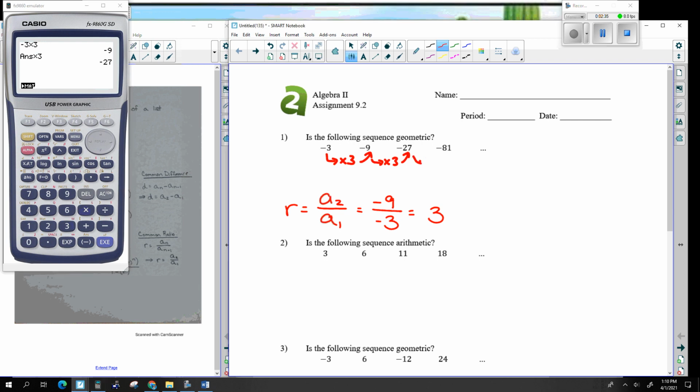Cool, cool, cool. Times 3 is -81. Okay, so these all check out. This all means yes, this is geometric because we multiply by the number every single time, and all these numbers are the numbers that they're supposed to be.